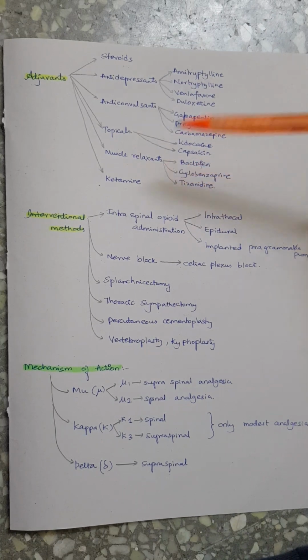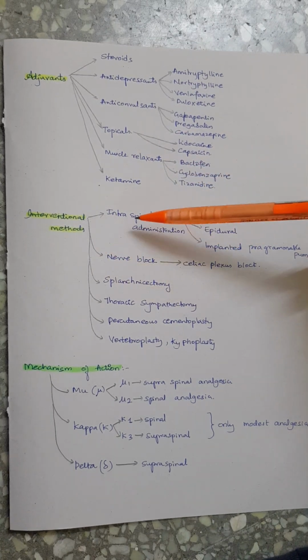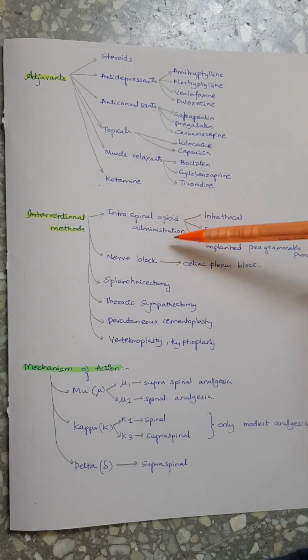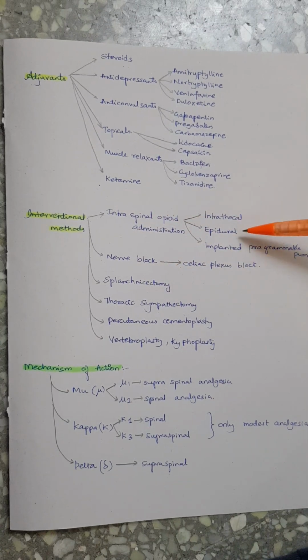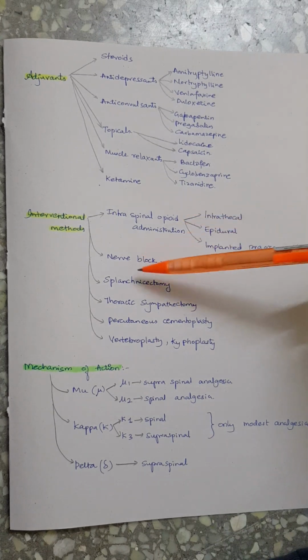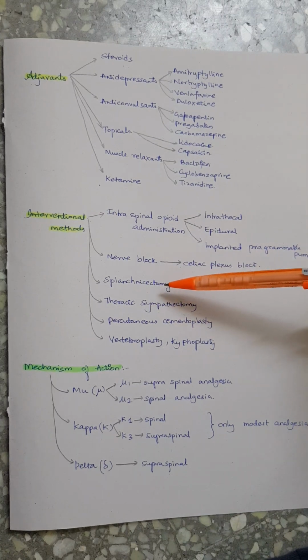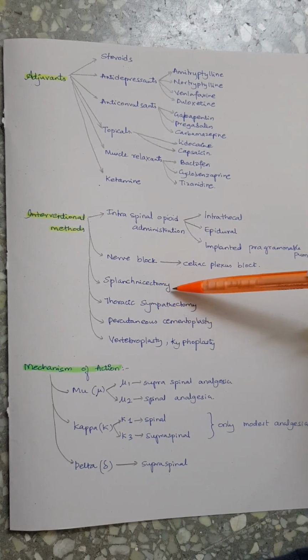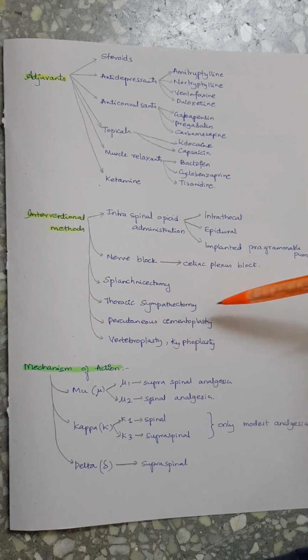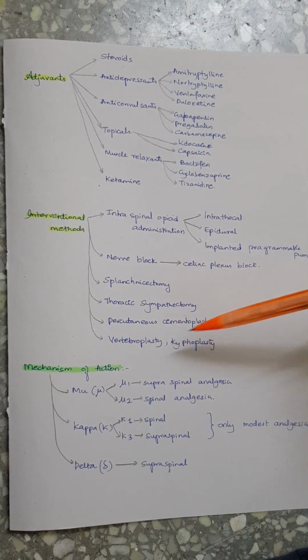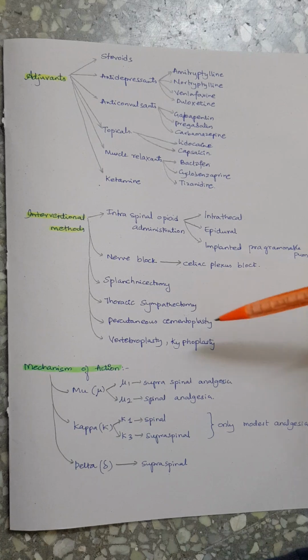Also, ketamine can be used. Interventional methods include intraspinal opioid administration, intrathecally, epidurally, or via an implanted programmable pump. Nerve blocks include celiac plexus block, splanchnicectomy, thoracic sympathectomy, percutaneous cementoplasty, vertebroplasty, and kyphoplasty.